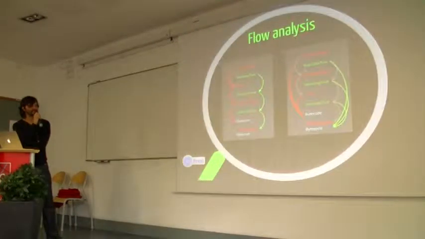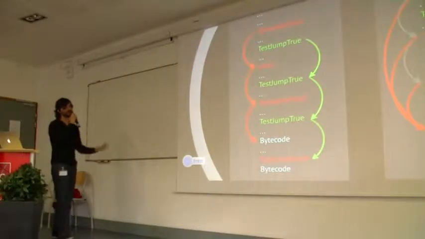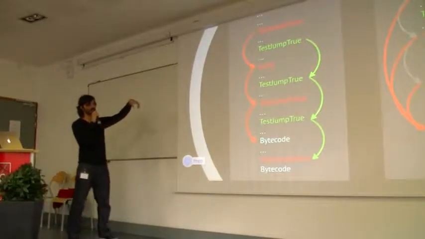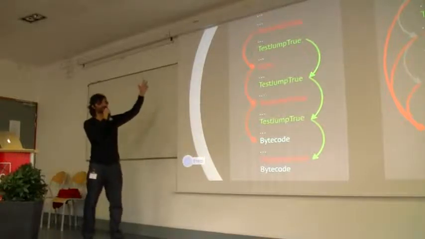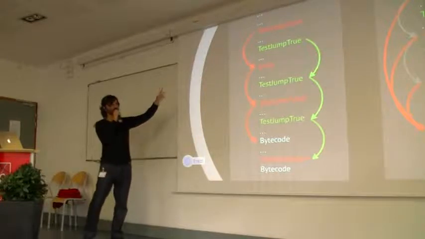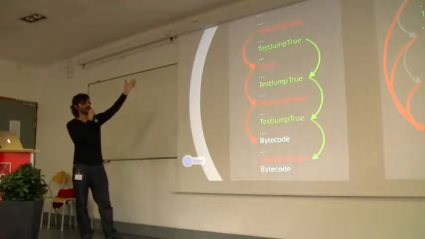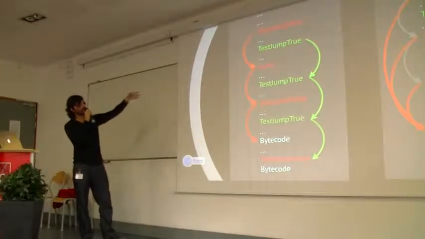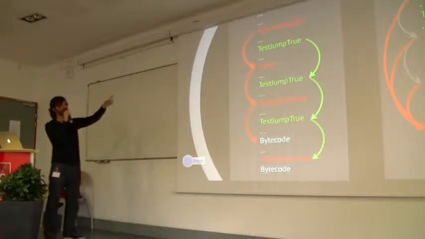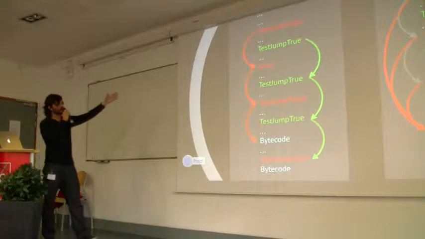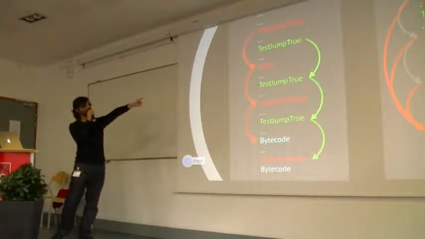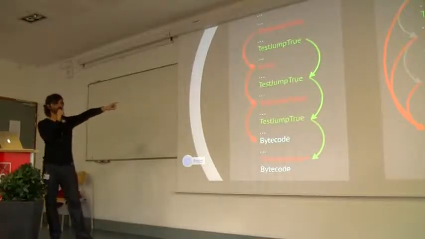But again, it's not so simple, because first of all, we can have a chain of jumps combining different kinds of jumps. Like in this way, in the chain on the left, we have a combination of two conditional jumps with an unconditional one in the middle.